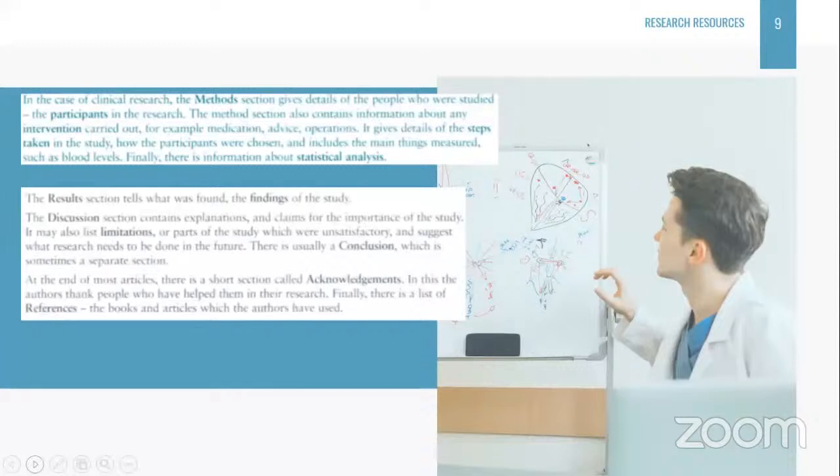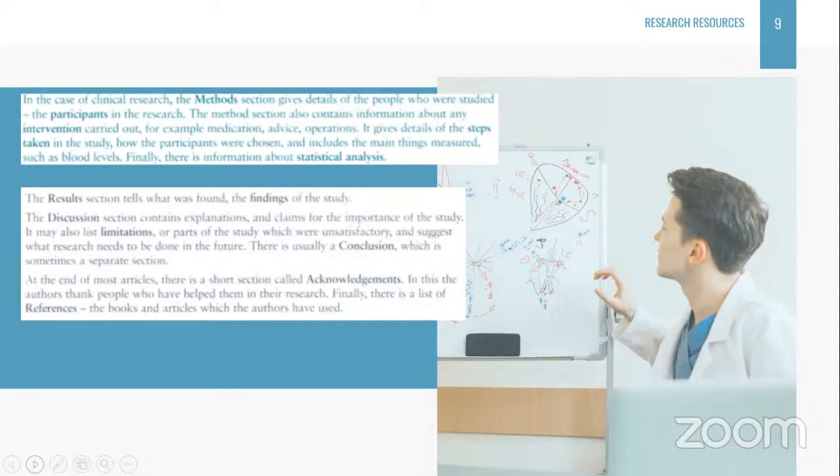Finally, there is information about the statistical analysis. The results section tells what was found, the findings of the study. The discussion section contains explanation and claims for the importance of the study. It may also list limitations or parts of the study which were unsatisfactory and suggest what research needs to be done in the future.